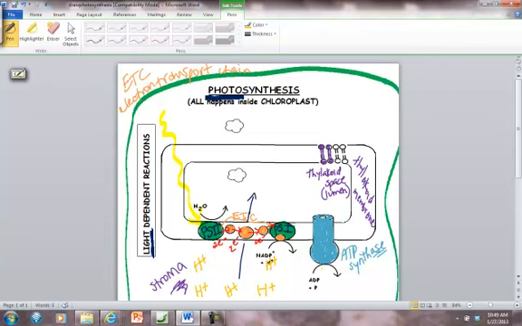So we always have a little bit of hydrogen free floating in our cell, kind of background hydrogen. So those proton pumps now are going to pump some of that hydrogen as the electrons move down the chain into my thylakoid space. Not only are they passing electrons, they're proton pumps.